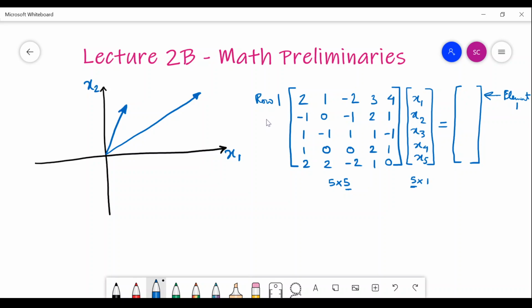Row 2 gives the same information about the scaling but for element number 2. Row 3 gives the same information about the scaling of the different coordinates of the parent vector but for element number 3.